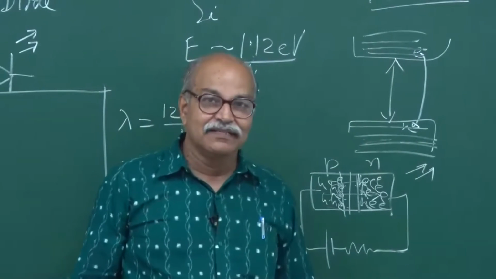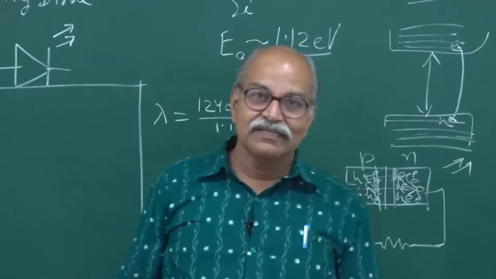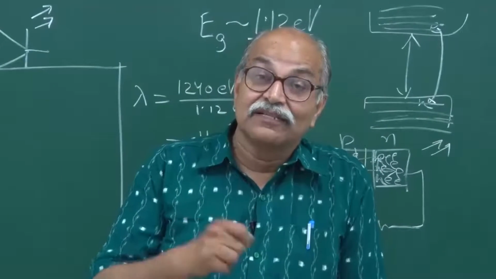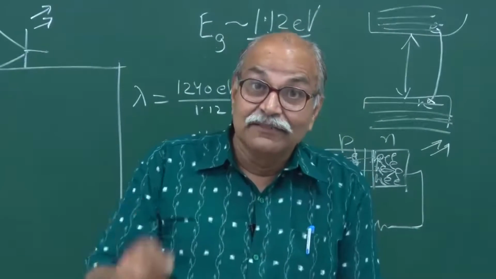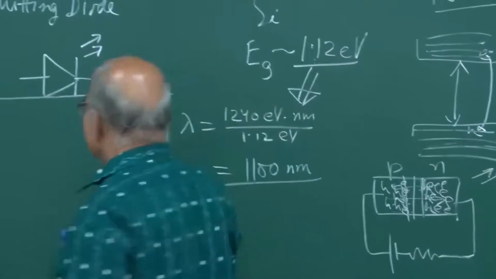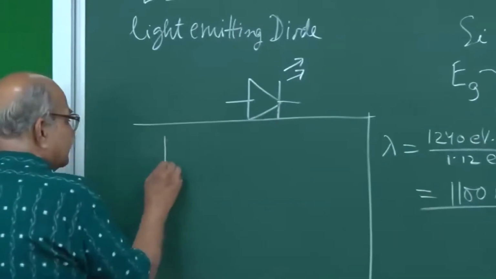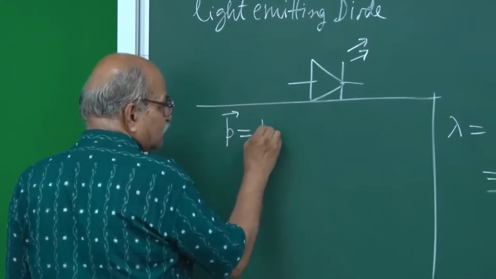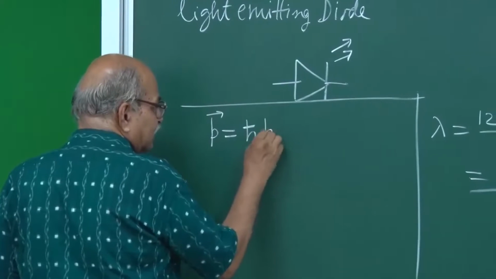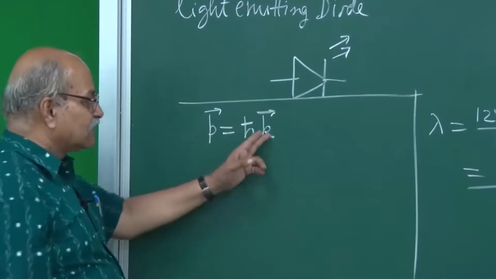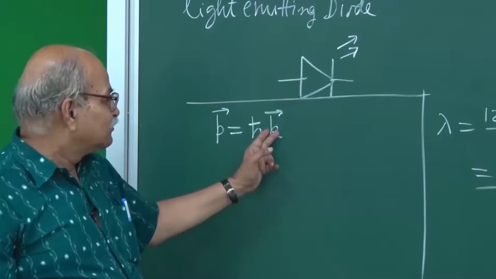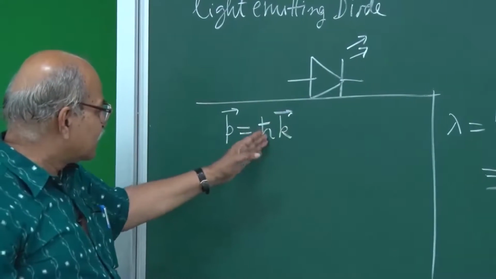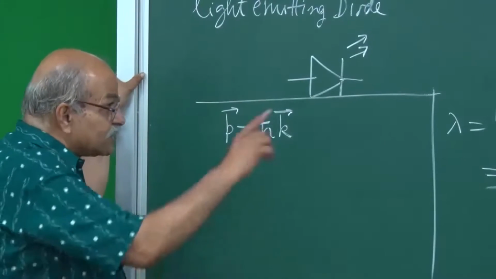But in semiconductors, the electron energy depends on the momentum of that electron in the crystal. In quantum mechanics, the momentum is written as h cross, that is h by 2 pi, times the k vector. Multiplied by h cross, the k vector gives you the momentum, and energy depends on that.